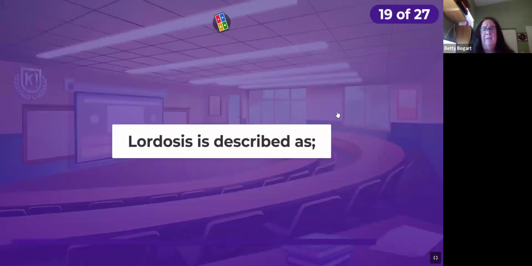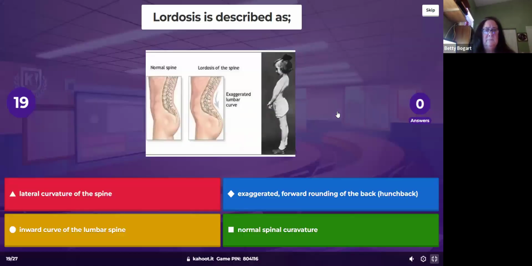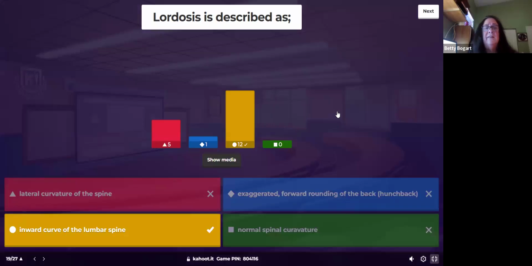Lordosis is described as what? So this is the inward curve of the lumbar spine. You sort of like lean backwards. You're also going to see lordosis with Duchenne muscular dystrophy.